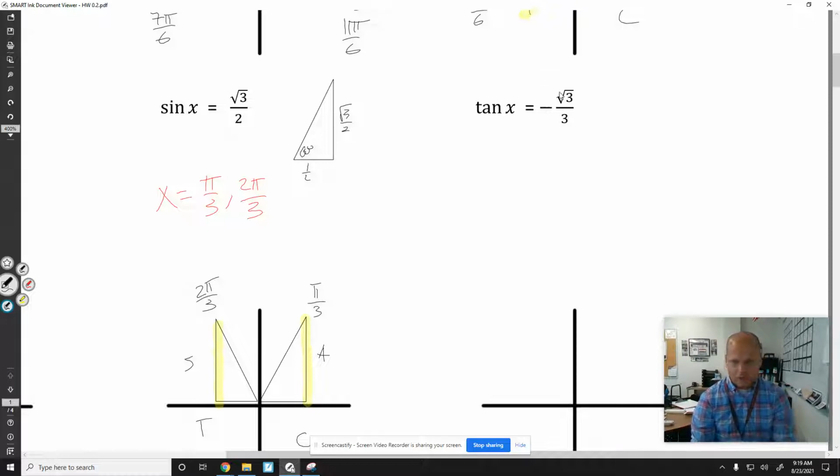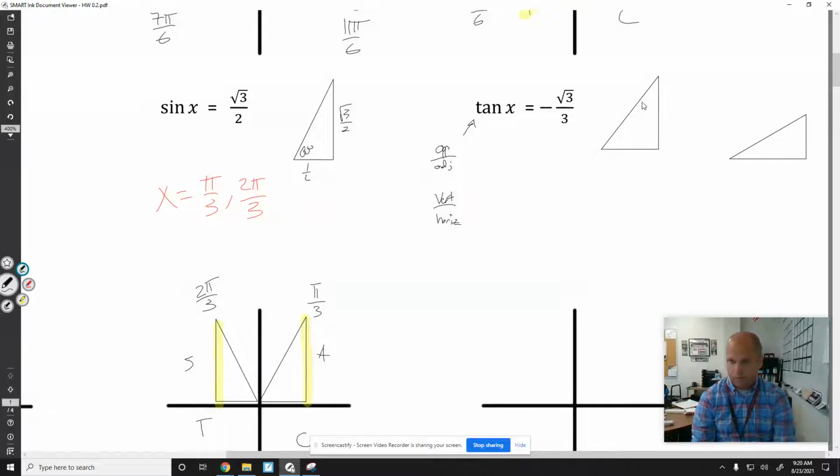So really the two options to get root 3 over 3 are going to be your tall or your short 30-60-90s. We have to figure out which one it is. Which one will give us root 3 over 3 with opposite over adjacent, or vertical over horizontal, or y over x?